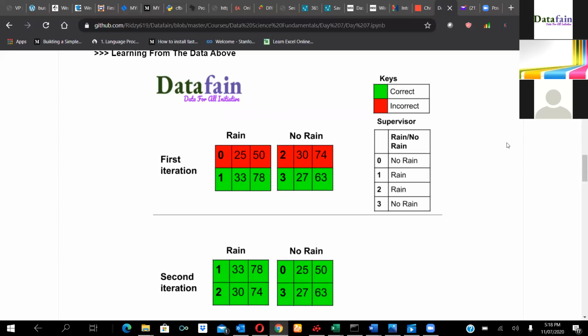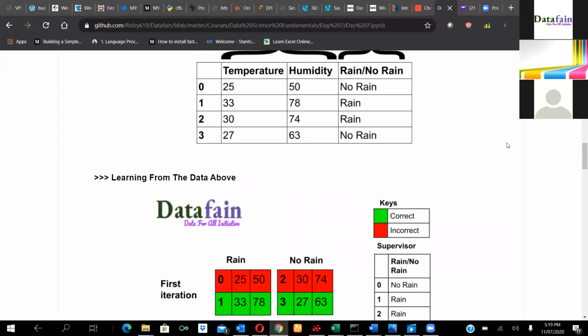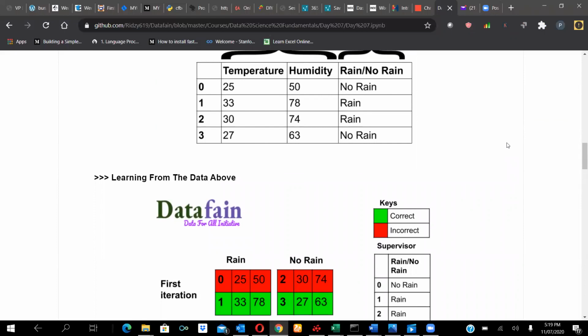Now we collected the first data set, the first row, 25 and 50 for temperature and humidity. And then the next row, 33 and 78 for temperature and humidity. And then we classified it under rain. Then we went to the third one, temperature and humidity, 30 and 74. And then the last one, 27 and 63. And we classified it under no rain.